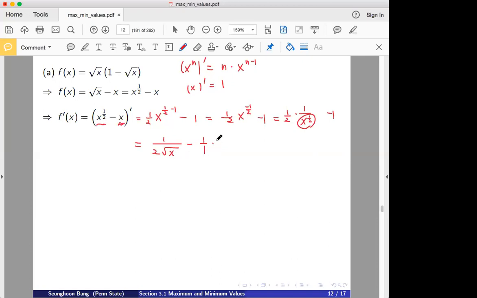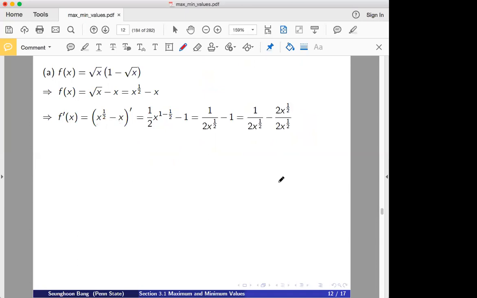Multiply top and bottom by the common denominator 2 root x. So we have 1 minus 2 square root of x over the common denominator 2 square root of x. This is the whole idea for finding f prime of x. This is the first one.